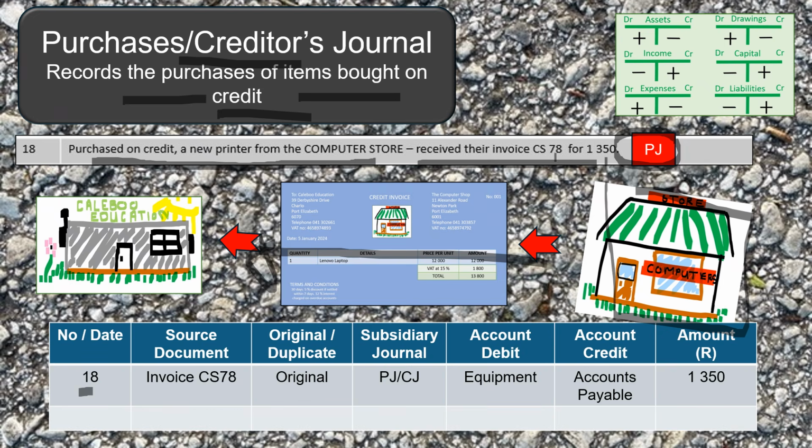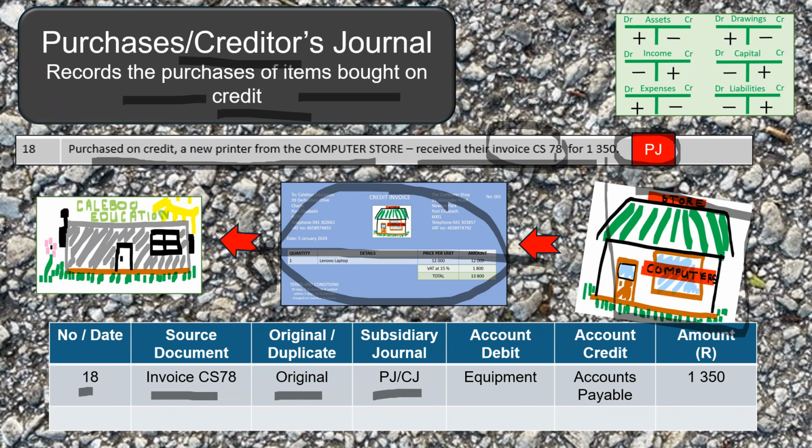The date was the 18th. The document, there it is, invoice. And what are we getting from the computer store? That is the original, where we're recording a credit purchase in the purchases journal or creditors journal. What did we buy? I'm calling this printer equipment. What is equipment? An asset. Increase in assets, the account must get debited.